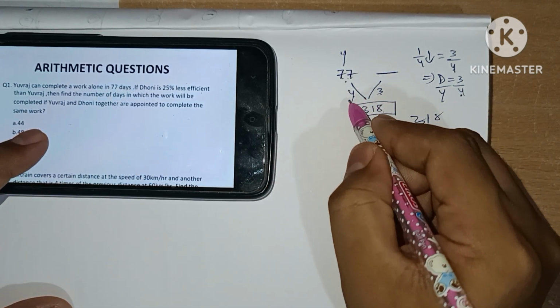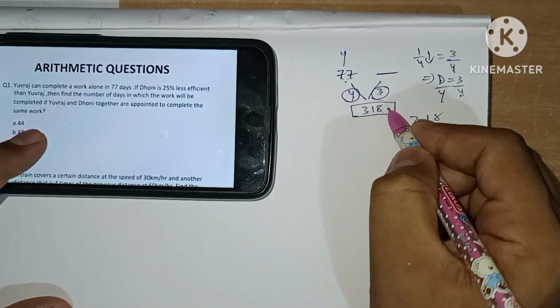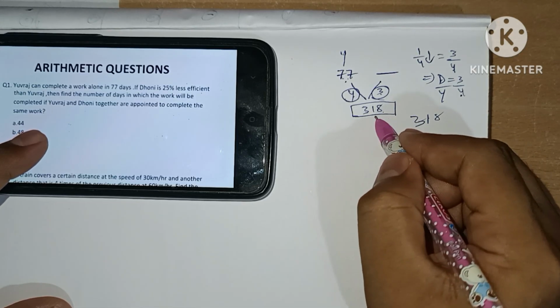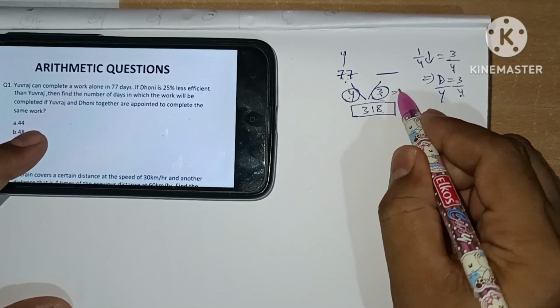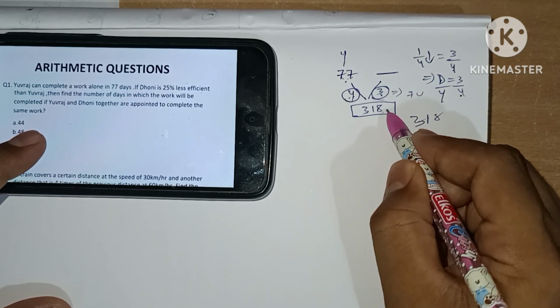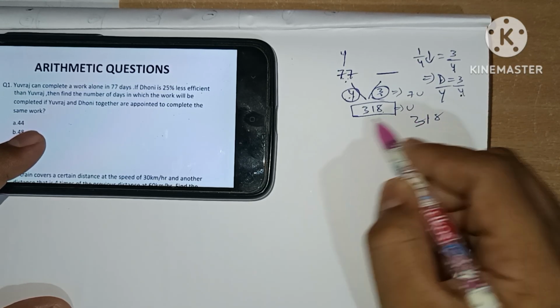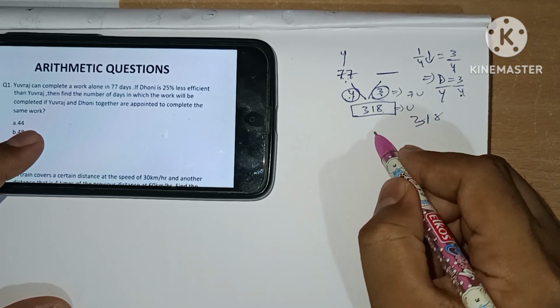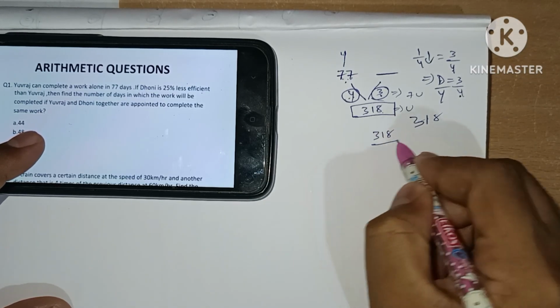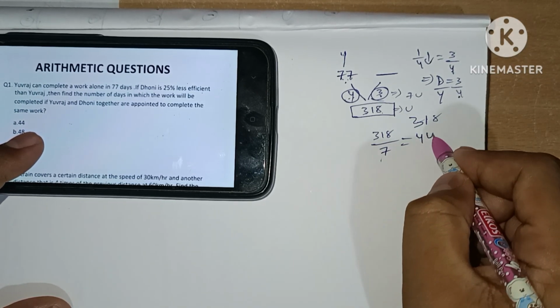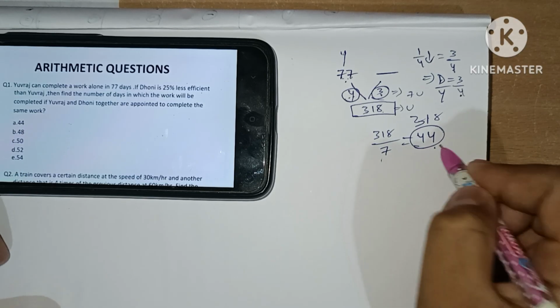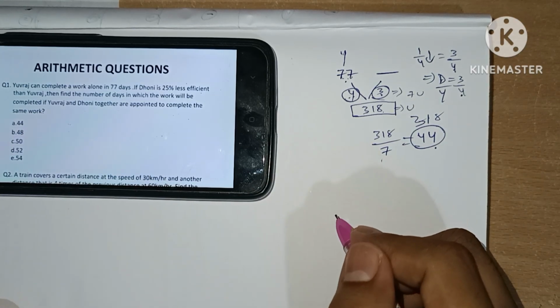If both combine to complete the work, it means 4 plus 3, 7 units per day. The total units is 308 units. So the answer will be 308 divided by 7. 7 4s are 28 and 7 4s are 28. So the answer will be 44. Option A is our answer.